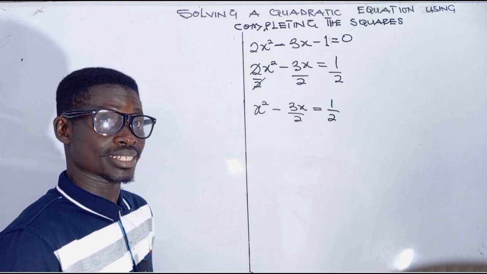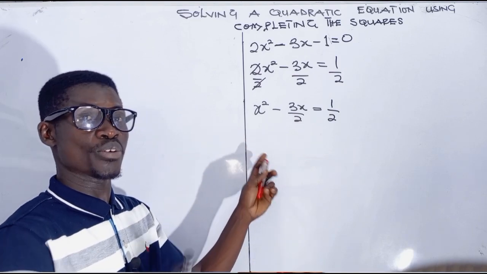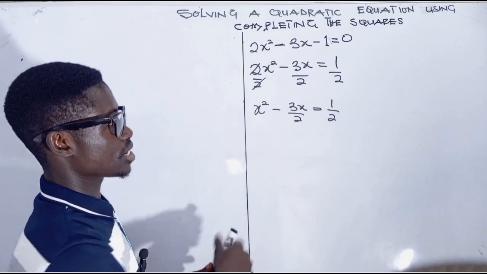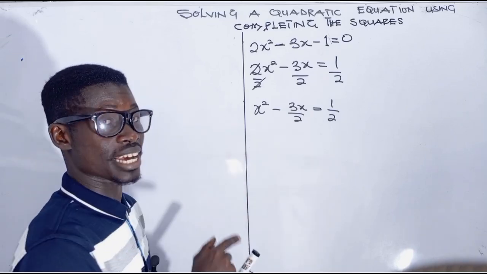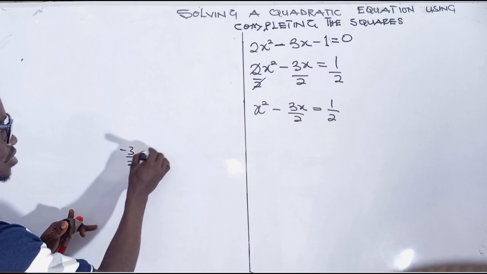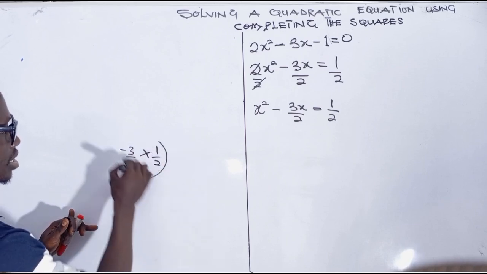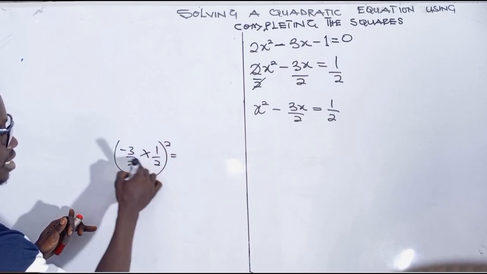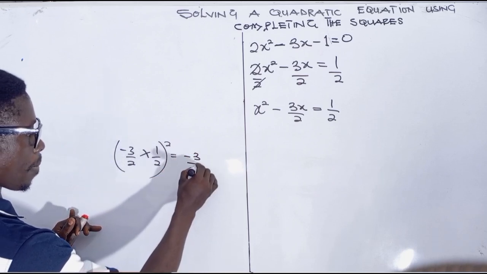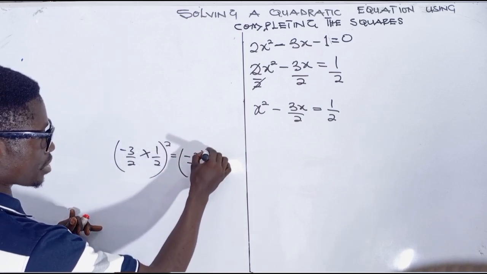Now once we are done with the coefficient of x squared, we move on to the coefficient of x. So to complete the squares, we are going to multiply the coefficient of x by half, and we square it. So we have -3 all over 2, we multiply it by half, and then we square it. It is giving us -3 all over 4, and then we square it.